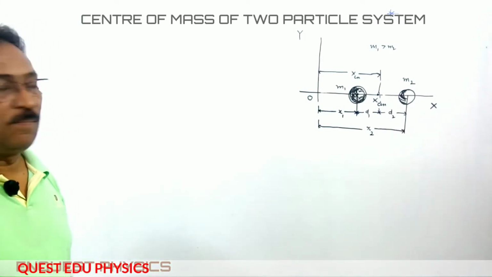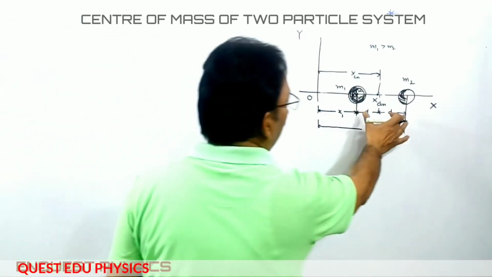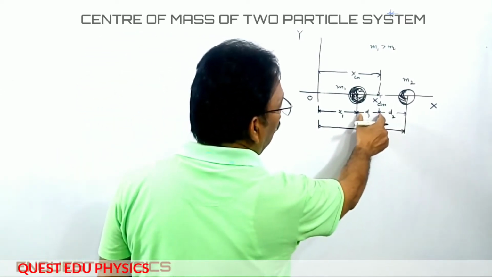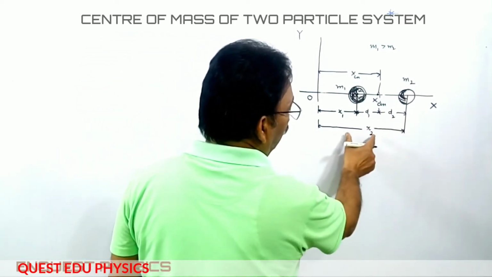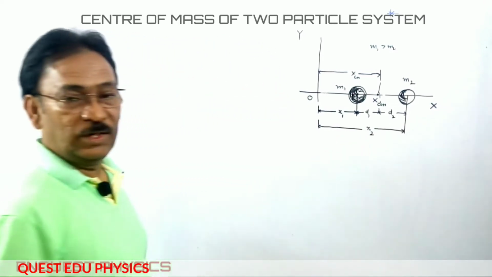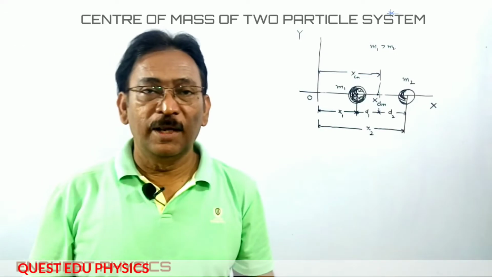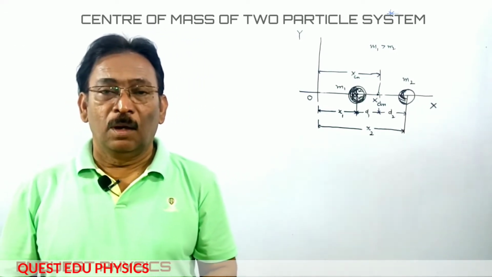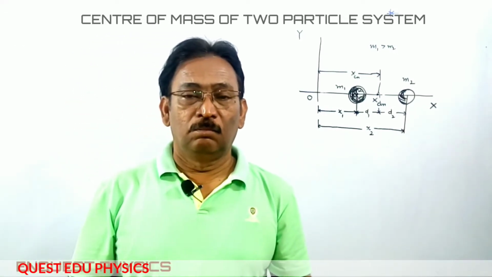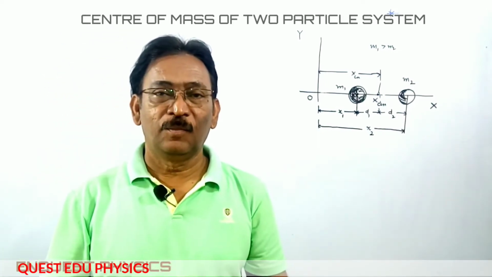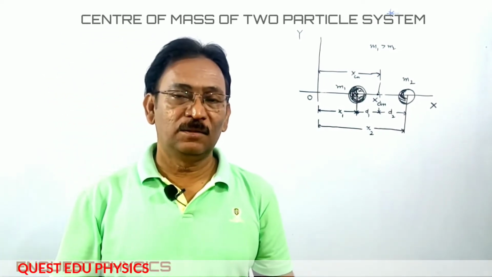Okay, students, it's D1 and D2, and we have to find D1 and D2 with respect to X1 and X2, students. Before doing that, we have to learn some useful relation, useful material to find the center of mass.